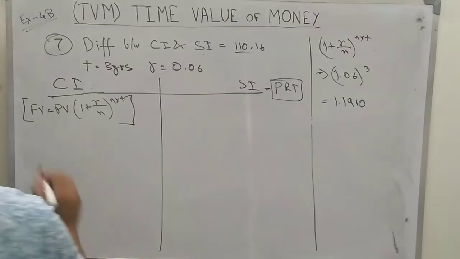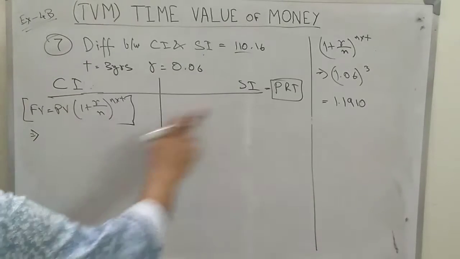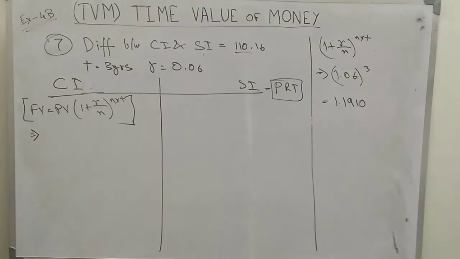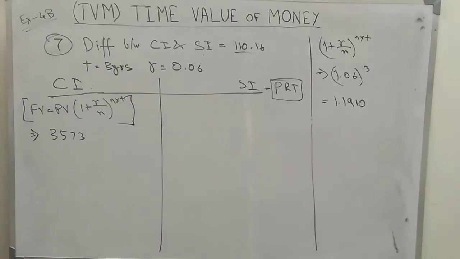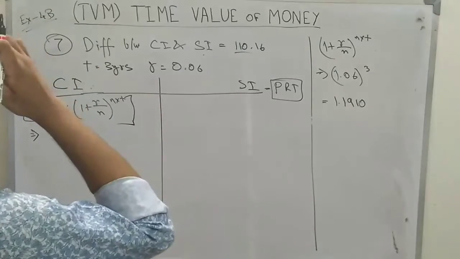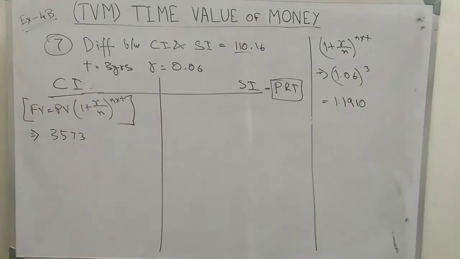If we take 3000, that means 3000 into 1.1910, which comes to 3573. In simple interest it will be PRT, that means 3000 into the rate of interest 0.06 into 3 years, 540.